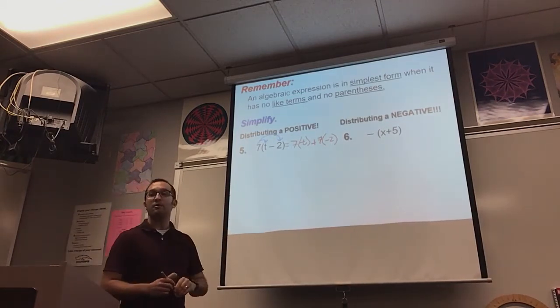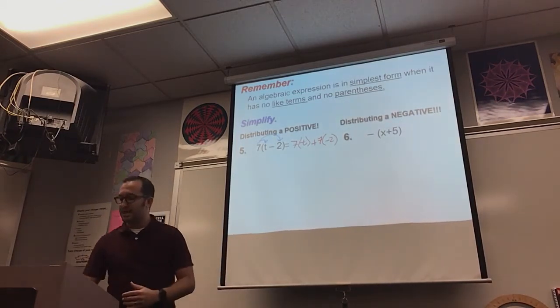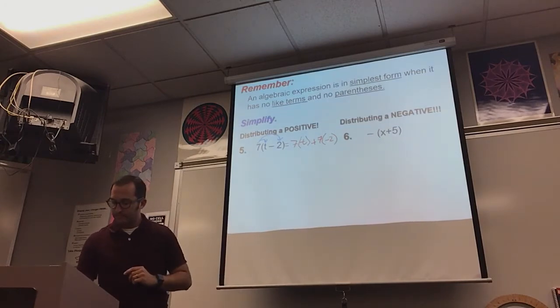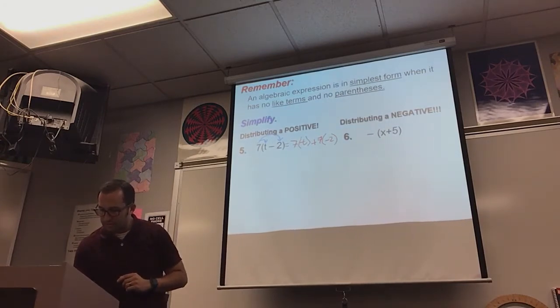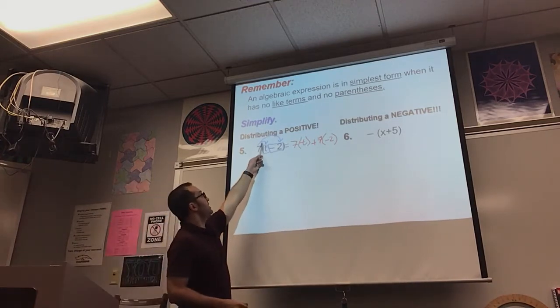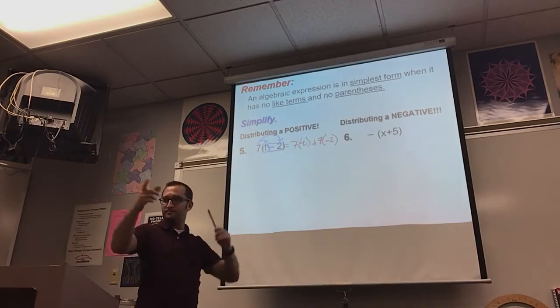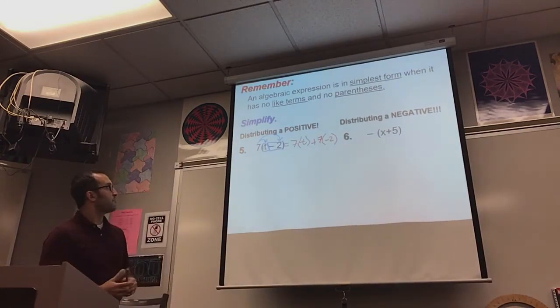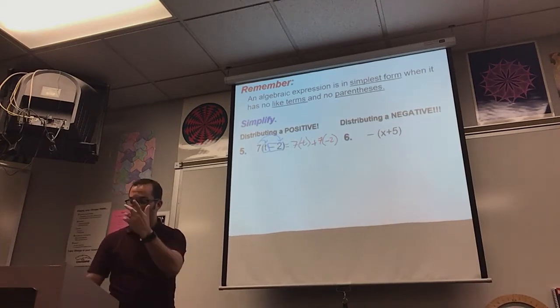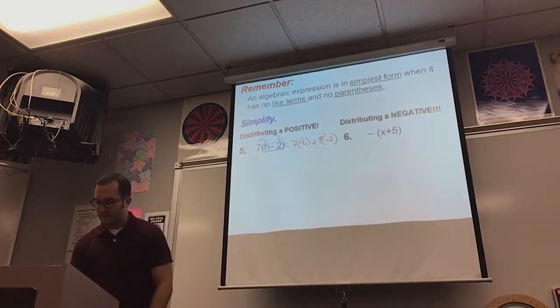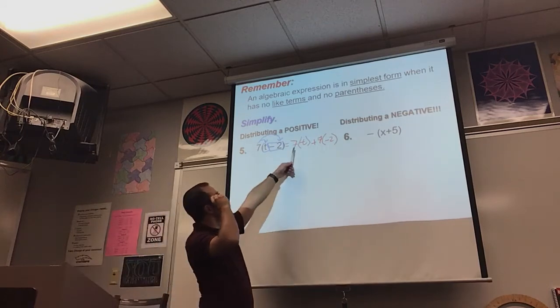So when you draw your arrows, you're actually drawing them not to the numbers, but to the terms. You're drawing the arrows to the term, not the number or letter. Yes, ma'am? So, if you worked out the problem, that'd be 17. So let's go ahead and finish simplifying, because we still have parentheses and we still have like terms.